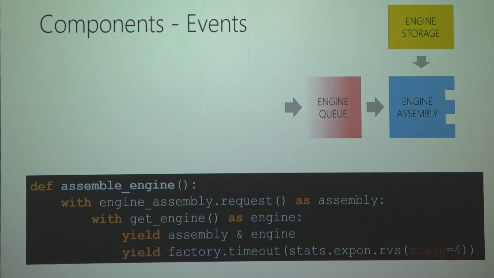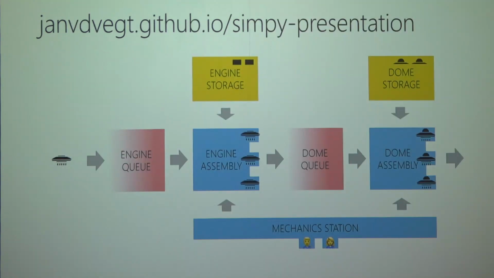We can model this part of our factory by requesting an assembly, requesting an engine, and then the yield of assembly and engine means we have to wait for both of these events to happen. And after that, we're going to actually assemble, and we have to wait some random amount of time before this is finished. I rewrote all this code into a more object-oriented way where we can keep track of all kinds of things. You can find it on my GitHub.